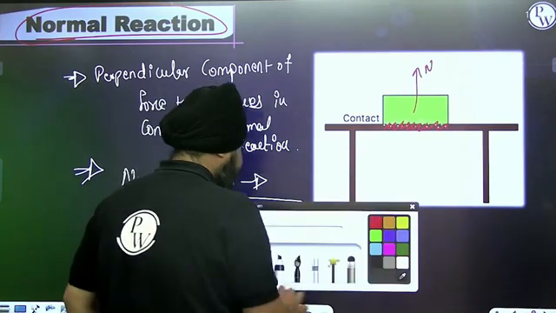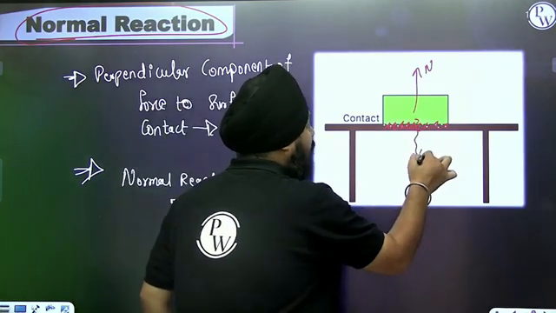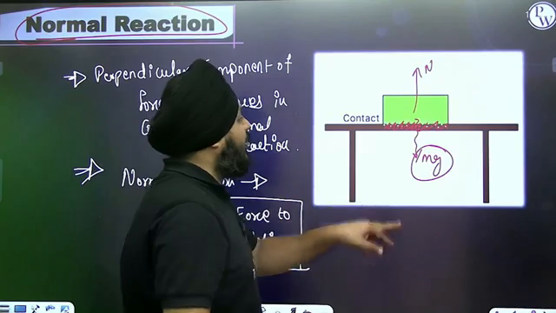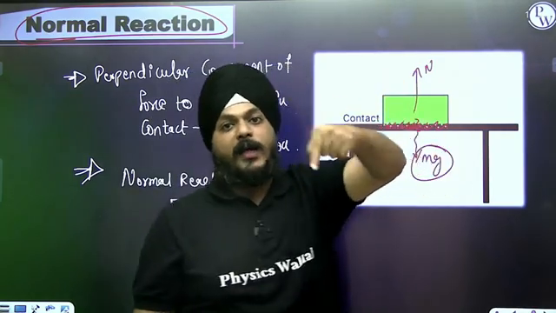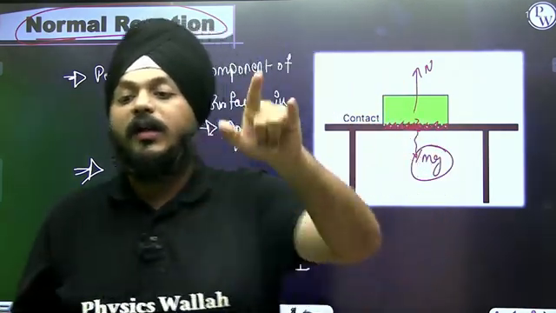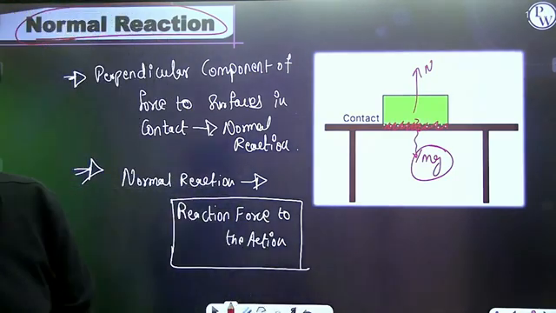Here, weight is acting in the downward direction. It acts like an action-reaction pair, with one force perpendicular to the surface. That is known as the normal reaction.